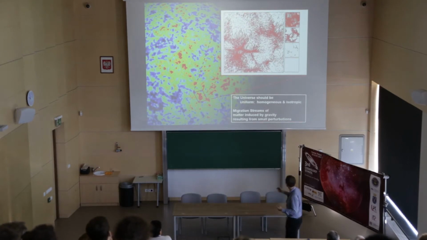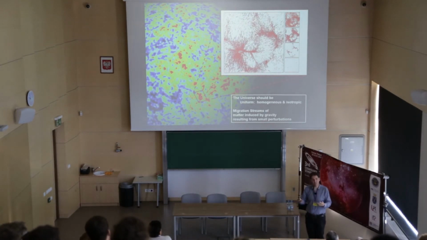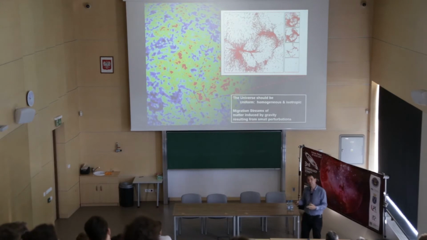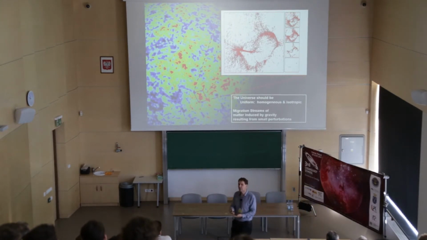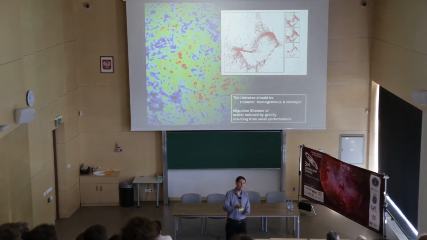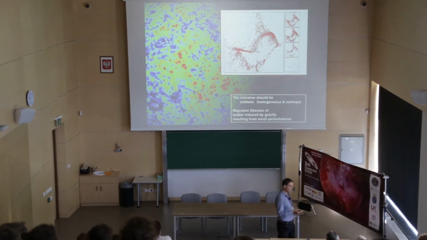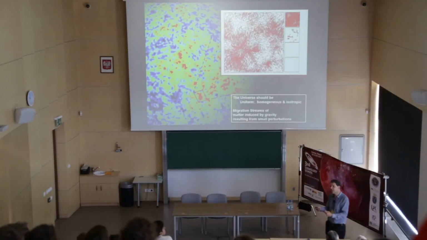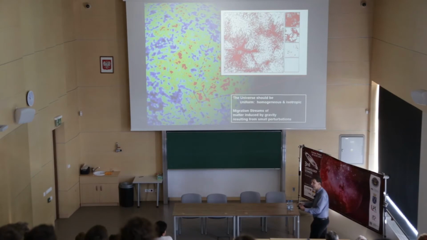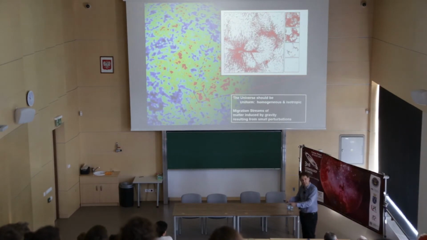There's a migration flow. But as a result of that, you actually create larger amplitudes of the inhomogeneities. So the next step, the gravitational force inhomogeneity is larger and the pull becomes more. And it goes on, and goes on, and goes on.